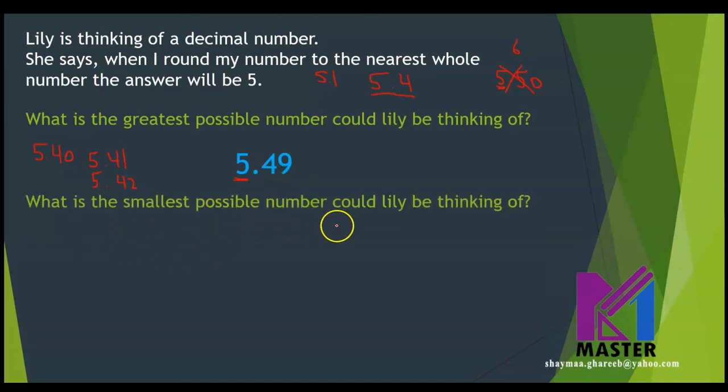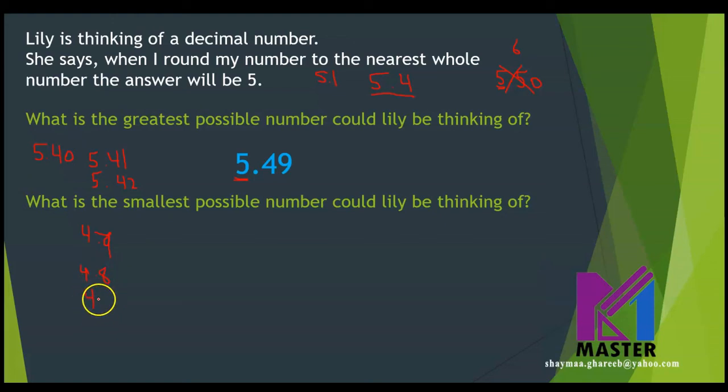What is the smallest possible number? Let's think of a number that is smaller than 5. What about 4.9? If I round it to the nearest whole number, it will give me 5. It will be rounded up. Do I know a number smaller than this? Yes, 4.8 also will be rounded up to be 5, and 4.7, and 4.6, and 4.5.